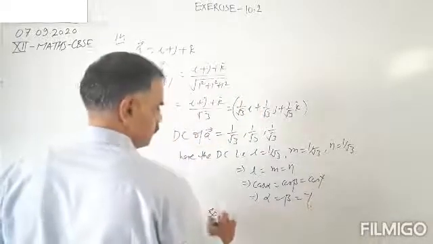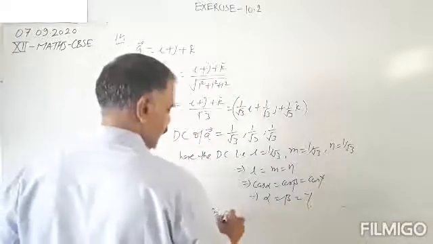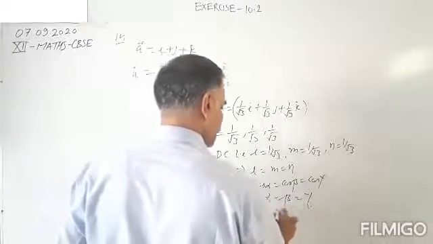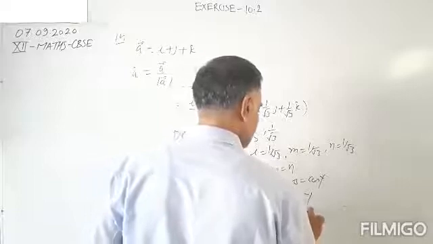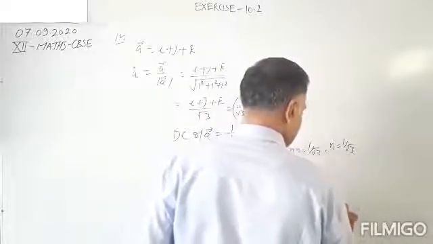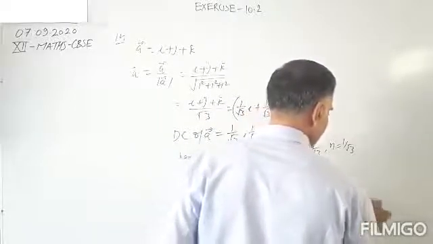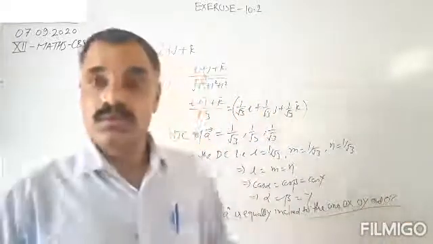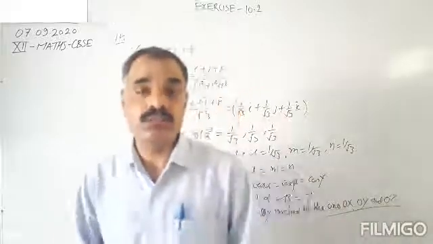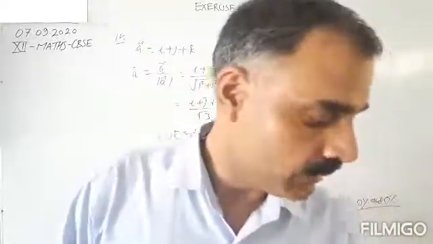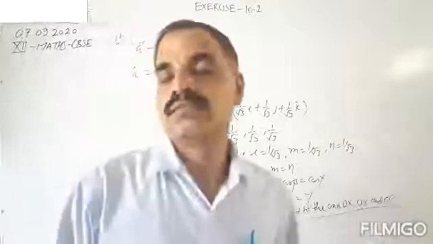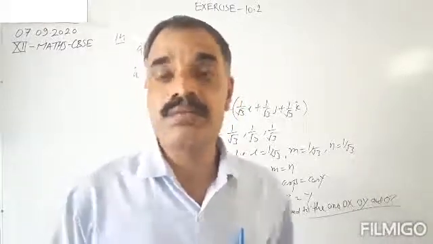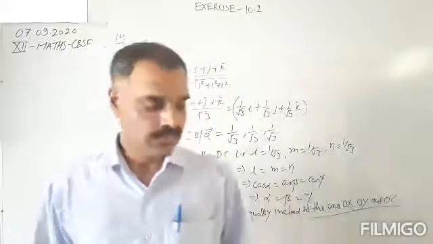So the given vector A is equally inclined to the axes OX, OY and OZ. Okay, so this is the solution of question number 14. A very important question and a very important concept that we have learned in this question.